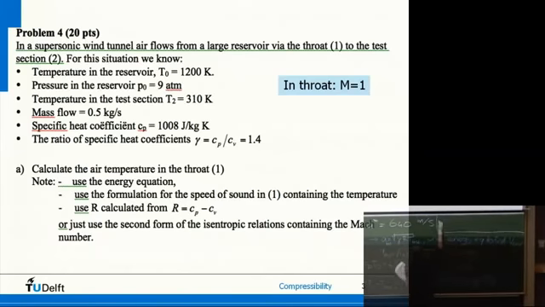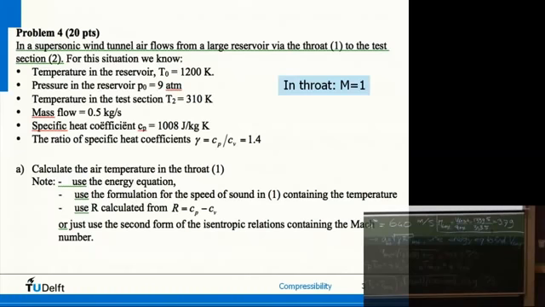So Mach number test is V test divided by the speed of sound in the test section. V test we just derived, and the speed of sound we started with, 353.5. So the Mach number is 3.79.